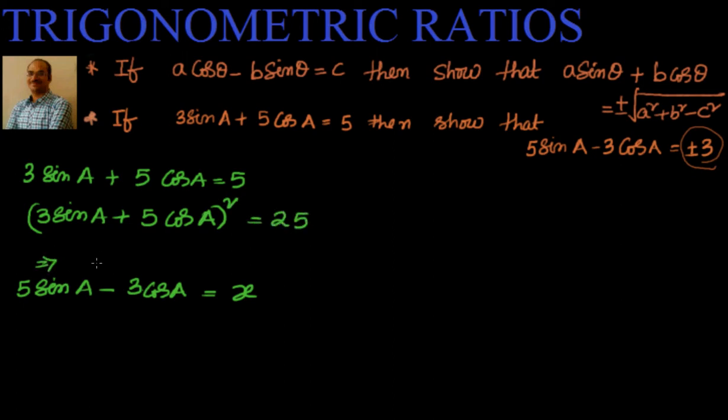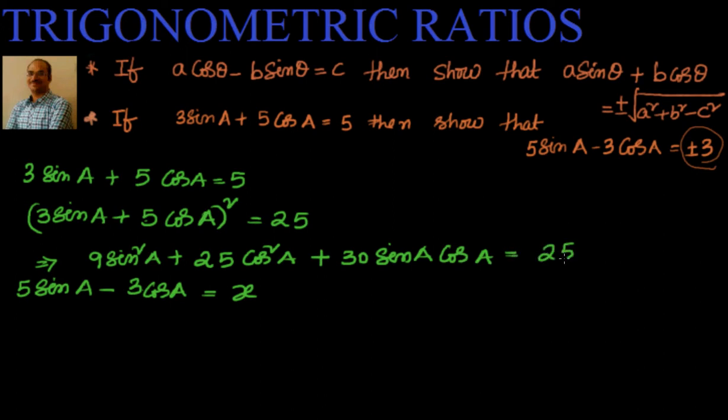That means 9 sin square A plus 25 cos square A plus 2ab, a square plus b square plus 2ab, 2 into 3 into 5, 30 sin A cos A equal to 25. Let this equation be number 1.